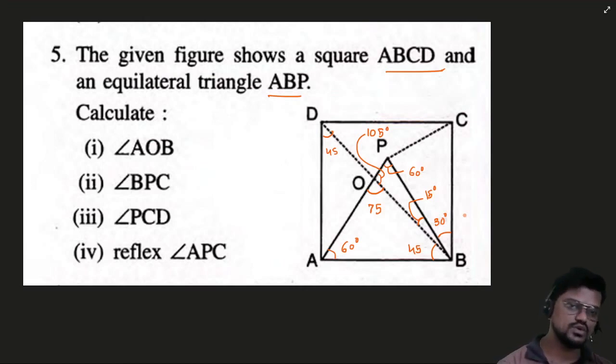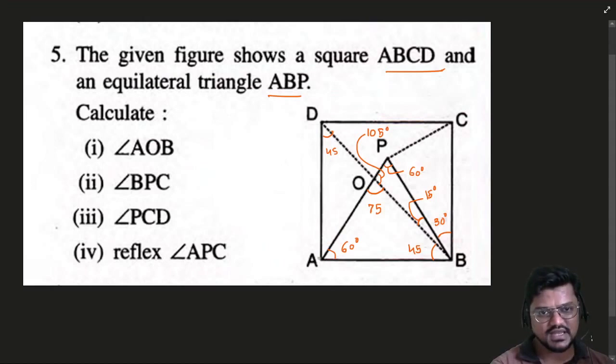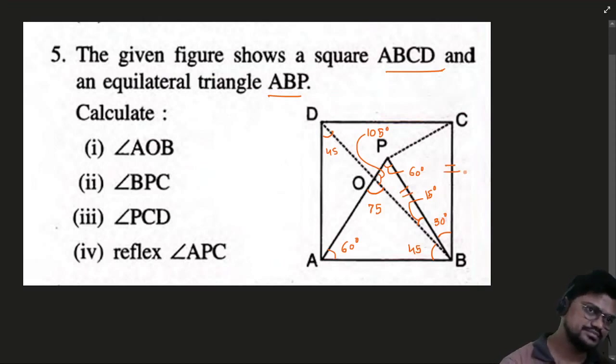One thing we know is that triangle APC is an equilateral triangle, so this side is equal to this side because ABCD is a square. That means this angle will be equal to this angle. Triangle BPC is an isosceles triangle.